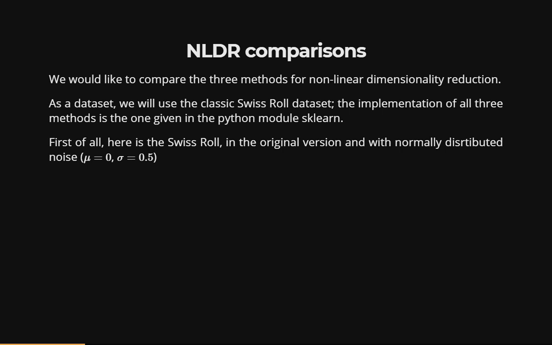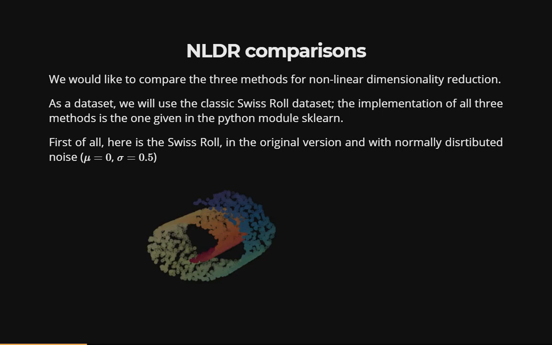So we have a surface in R^3, and we sample points from it in a uniform way, or at least uniform in the parameterization. And then we add some normally distributed noise with mean zero and some variance. Here in the picture, the standard deviation is 0.5. So it's sigma, not sigma squared.